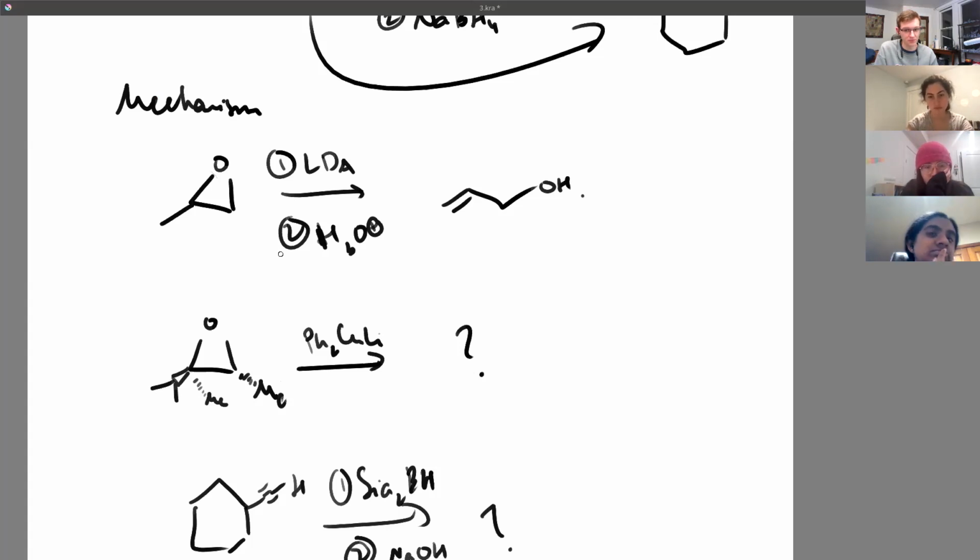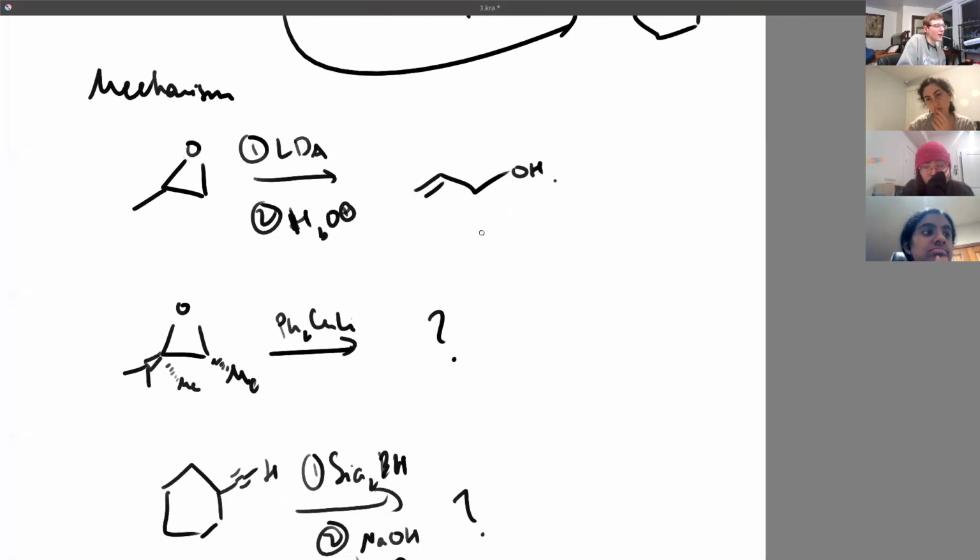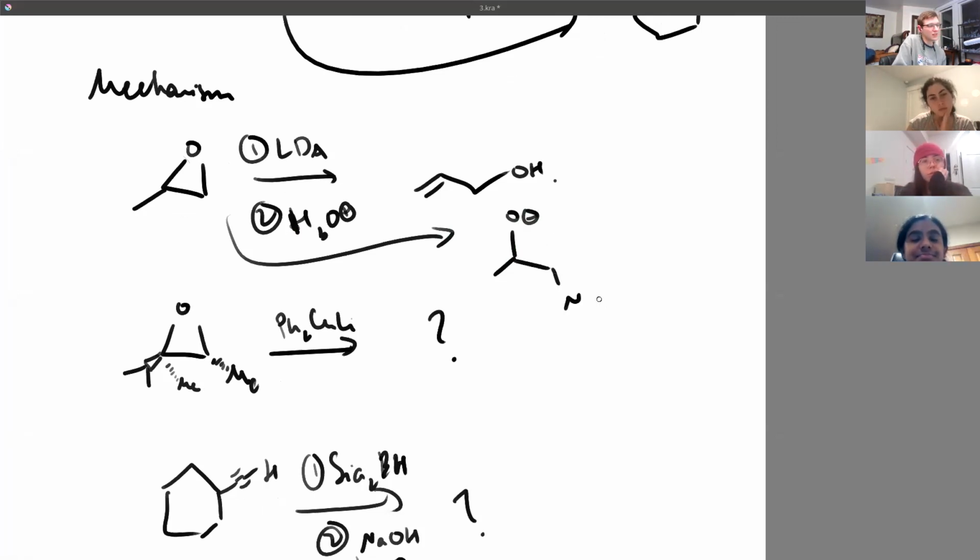A basic epoxide opening. Okay, well, yeah, but if we do an epoxide opening, it's going to attack the less substituted side, and there's a minus, and there's no way to get rid of that nitrogen now. That's on there for good.